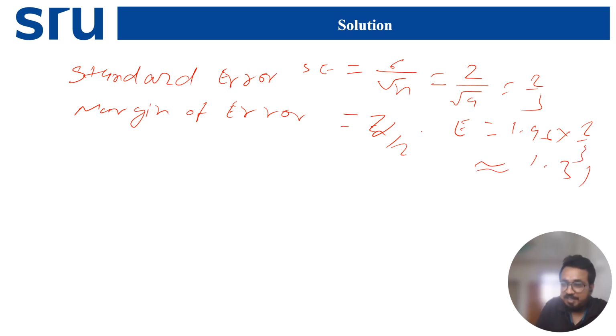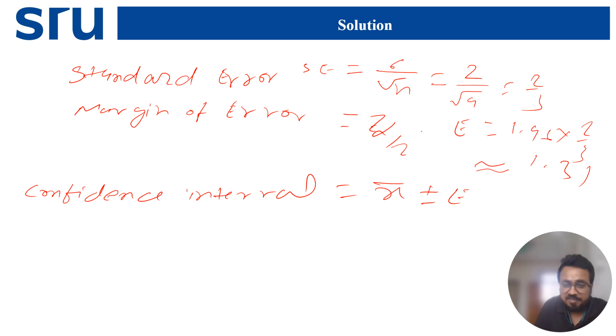So now we will find the confidence interval. Confidence interval equal to x bar plus minus e, right? This is the marginal error. Already we have discussed this formula. So x bar equal to 9, plus minus e equal to 1.31.